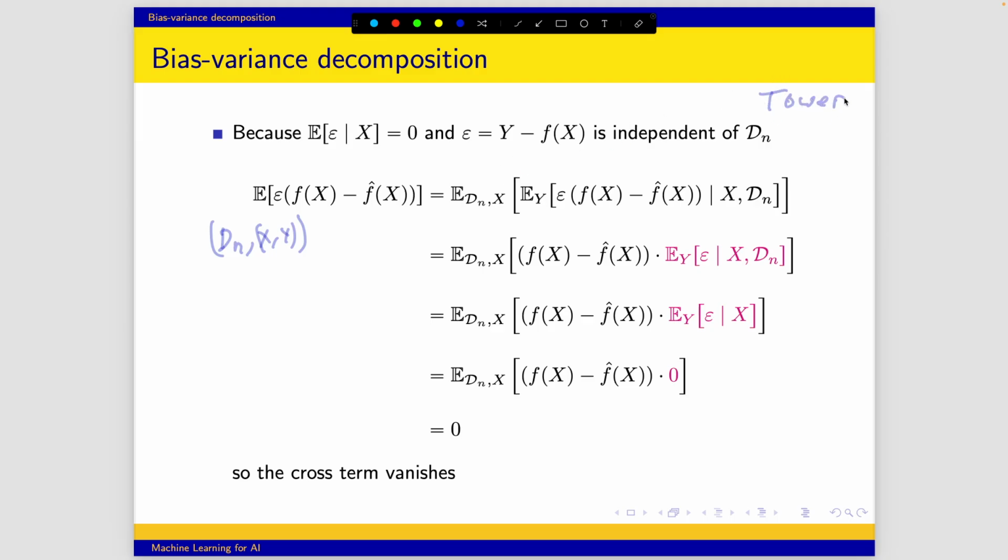What I'm using here is the tower property, which tells us that this expectation over the joint distribution of the random sample and this random pair is the expectation over the joint distribution over this and this of the expected value with respect to only y of the same quantity, given x and the training sample. So this is what we call the tower property. Basically, it's a very simple decomposition.